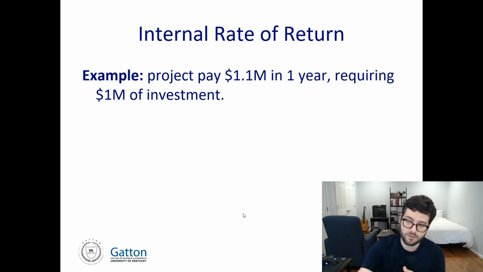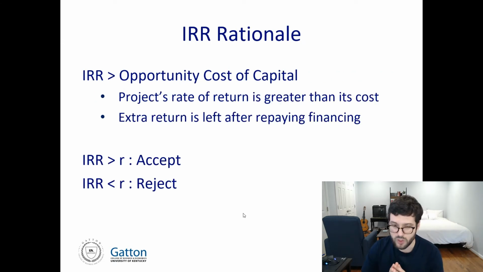Before the example, I forgot to mention, but what's the idea of the internal rate of return? It tells you when investing in a project makes sense. Every time your internal rate of return is larger than the cost of capital, it makes sense to invest, because this is going to imply that your NPV is positive.